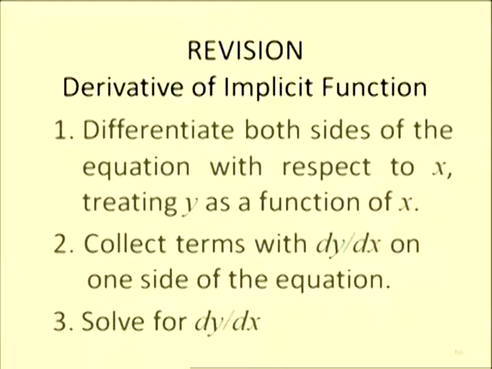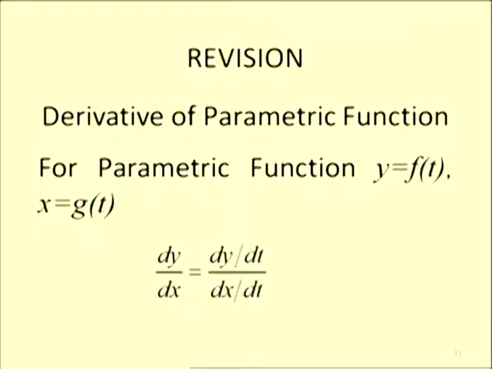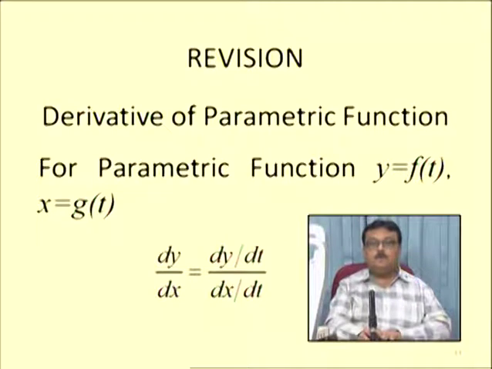Also, we have seen the derivative of a parametric function, where y is equal to f of t and x is equal to g of t, and y and x are both represented in terms of t. So we get the derivative of y with respect to t and the derivative of x with respect to t. We take the ratio, that is dy by dx.